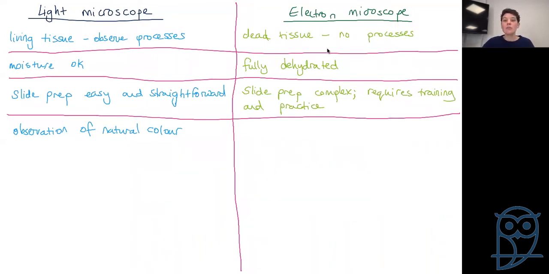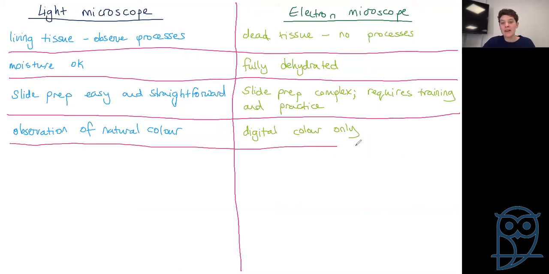Okay, with an electron microscope, it doesn't matter if you stain or not stain, you're not going to see green chloroplasts because we're not looking with a visible radiation. We're looking with electrons. So here, we can add digital color. We can color in our chloroplasts so that they look green, but it is false color. Okay, we can color them whatever color we wanted. If we wanted, we could have pink chloroplasts today.